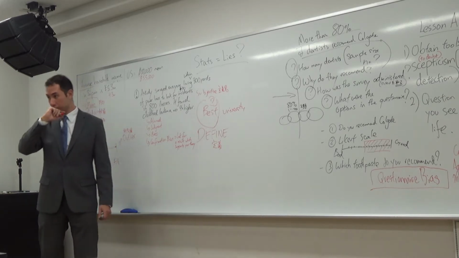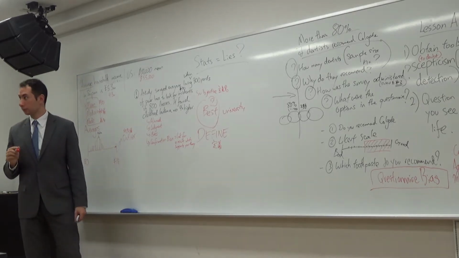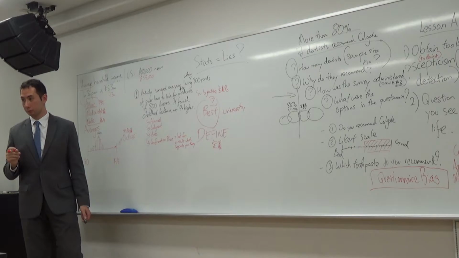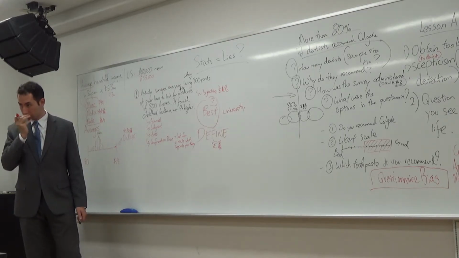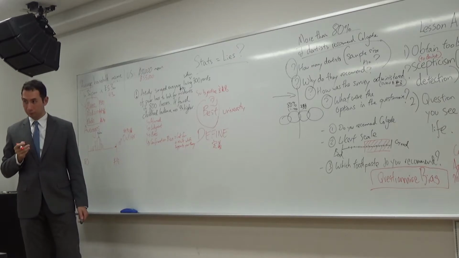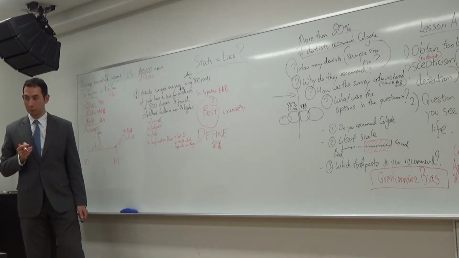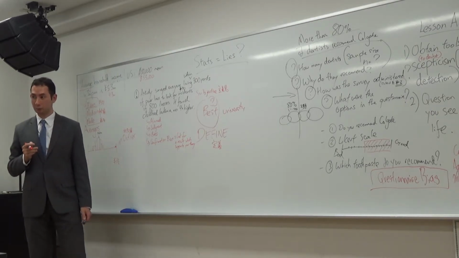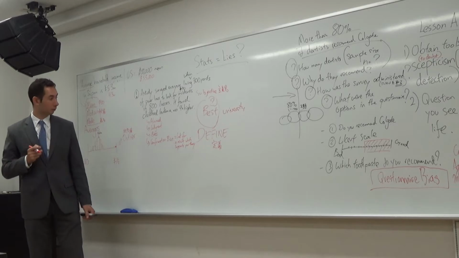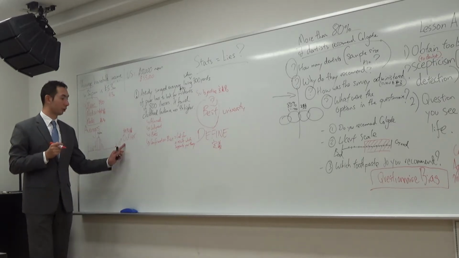Because if 99% of the people live here, the remaining part would be an outlier.